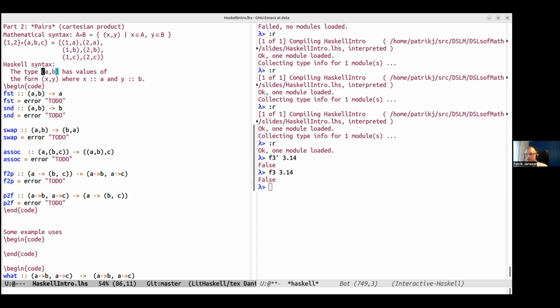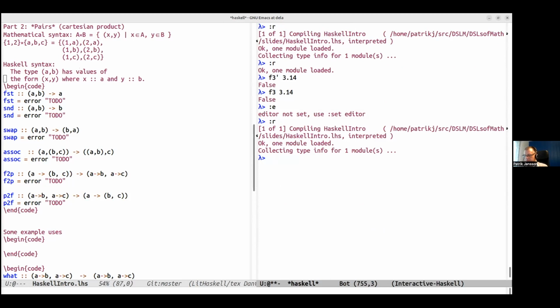So the pair type A, B has values as pairs X, Y, if X has type A and Y has type B. So if I try to write here 1, hello, that's just a pair of an integer and a string. And I can ask for the type of this just to show that. Oh yeah, it's a little bit more general than that. It doesn't have to be an integer. It could be some other kind of numeric type. But if I claim it's an integer, it will say it's an int and a string.